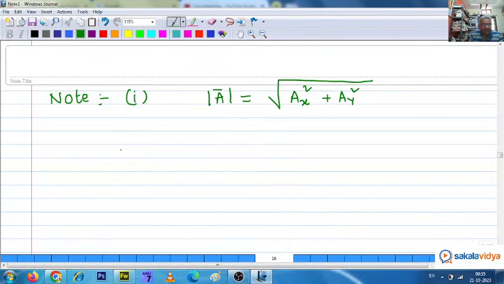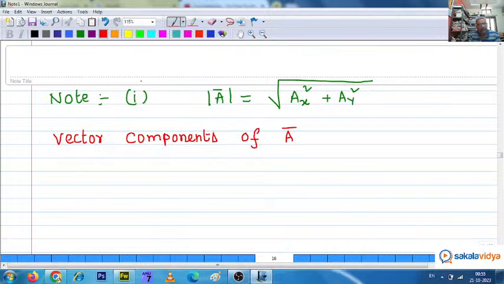So next we can write, this is very important, vector components. Vector components of A bar. So first one, Ax bar.